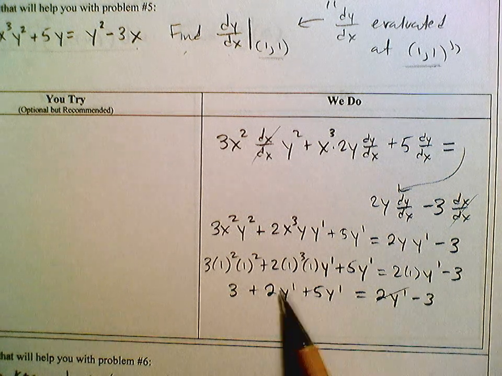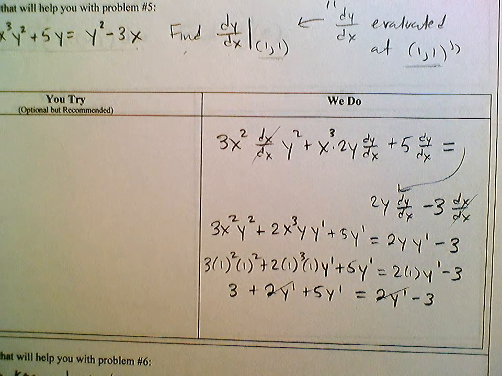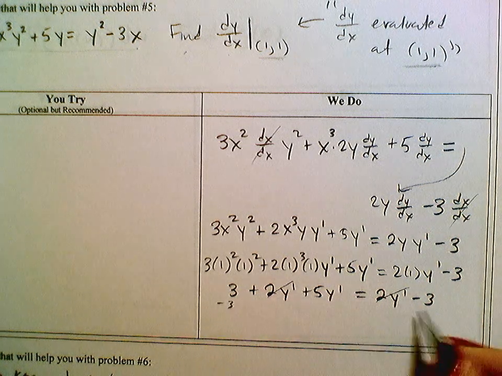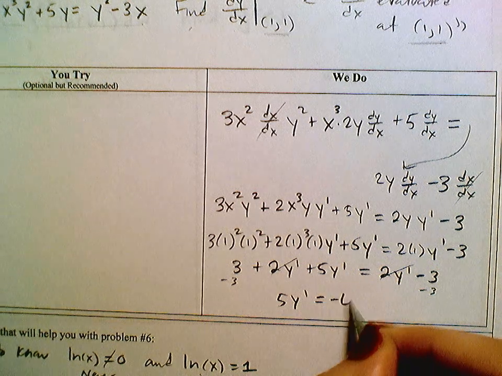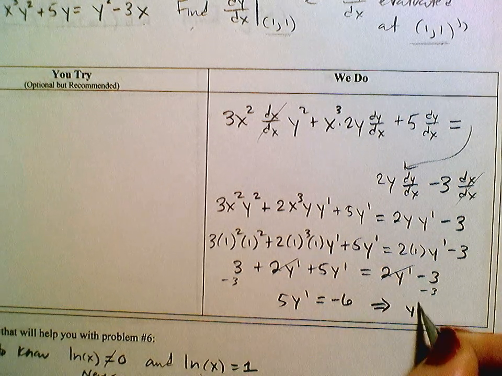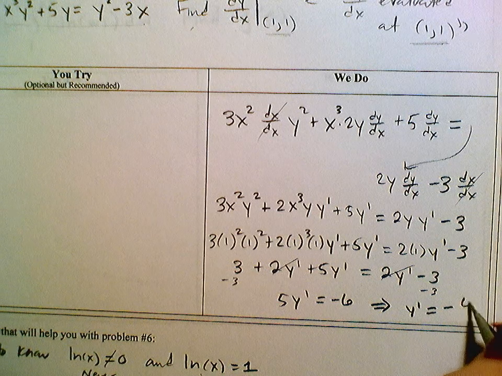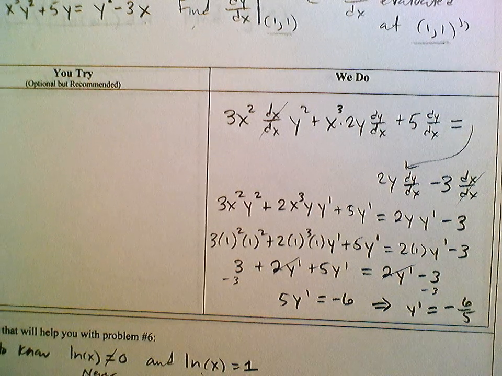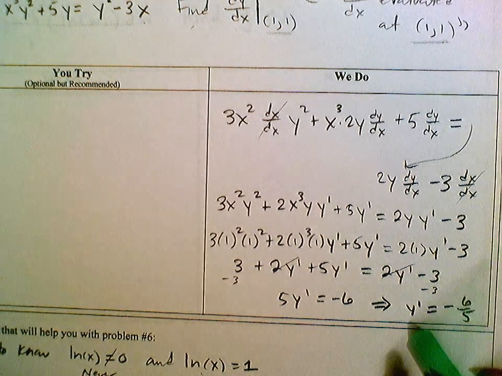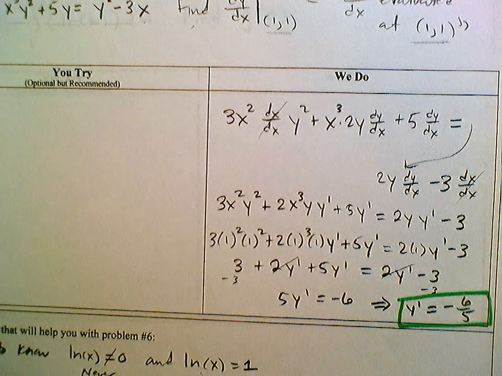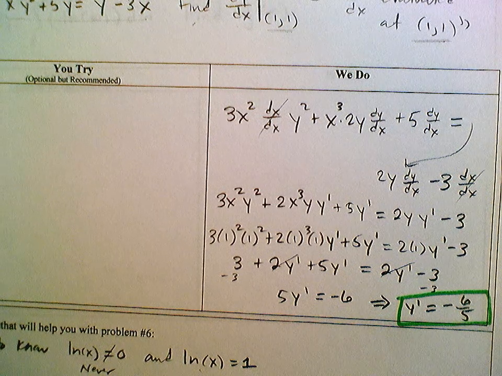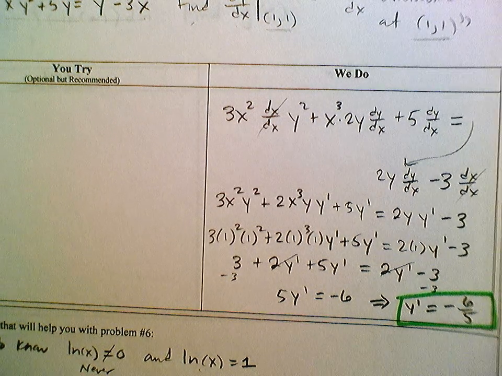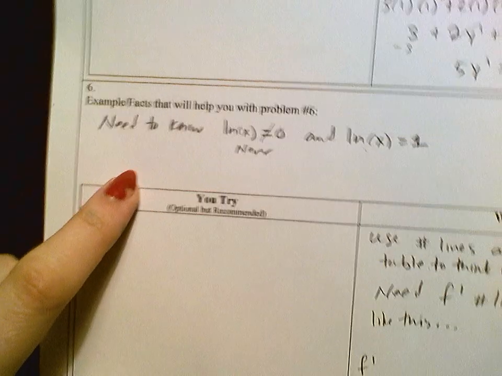I could subtract that from both sides, and then I could also subtract that from both sides. So I get 5y prime equals negative 6, so y prime equals negative 6 over 5. Okay, so I guess the moral of the story is you're going to save yourself time if you plug in the coordinates before solving for y prime.